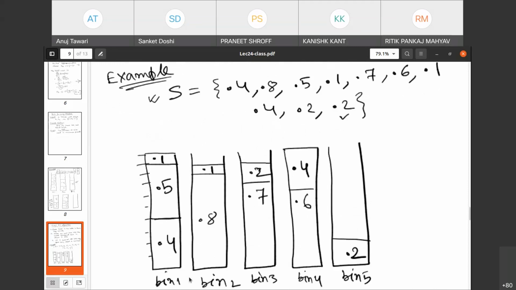In this case, you get 5 bins in which you can pack all the items. This is the first fit algorithm, where we pick the lowest bin in which that particular item fits.